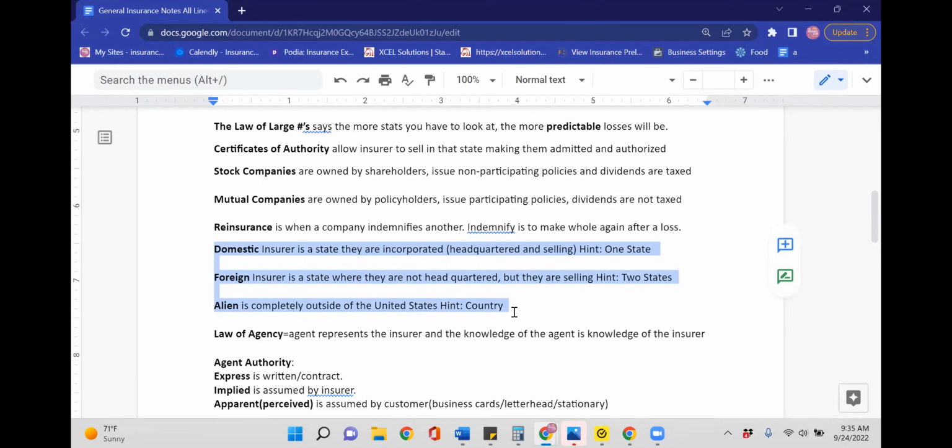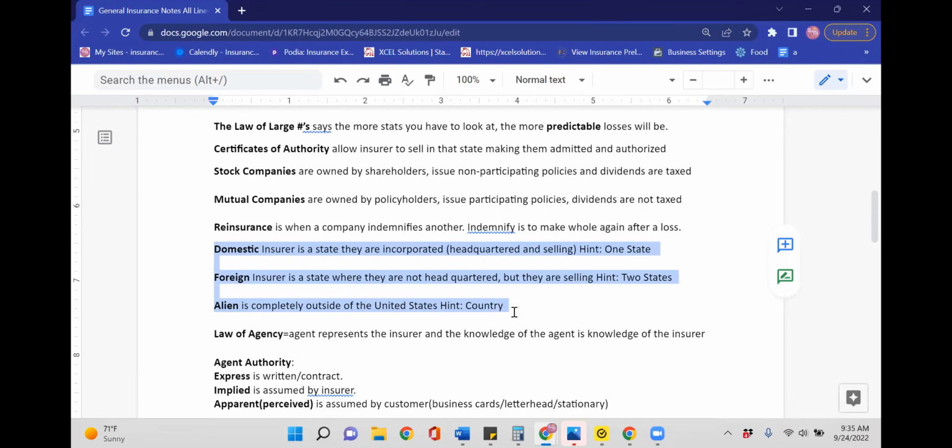Now, another thing with insurance companies is, where are they domiciled? Where are they located? That's what domicile is. Where are you located? Insurance companies have what we would say a home base, and then where they're selling. Their home base is where they are headquartered, where they are incorporated, where they got founded.